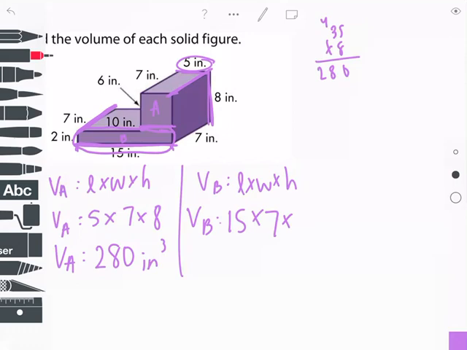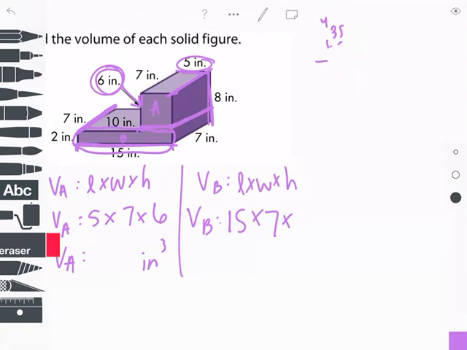I just noticed that I made a mistake for volume A. So since we cut it here, technically this part is not in the height. So this is the height of volume A. Sorry guys. So it should be a 6 here, and this is going to change to times 6. 210.